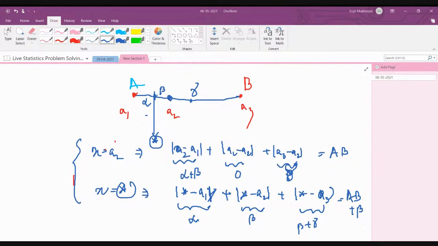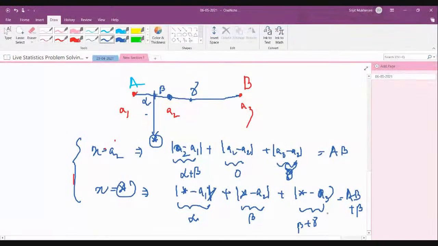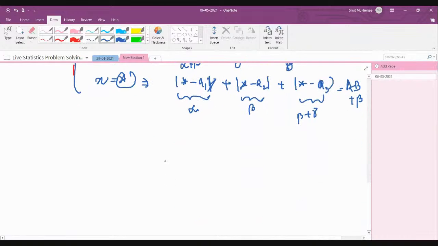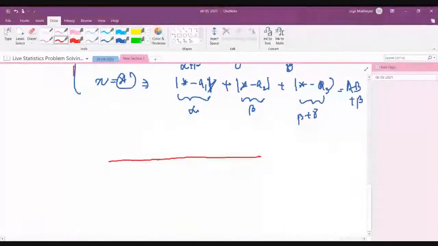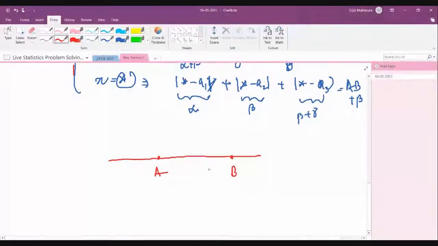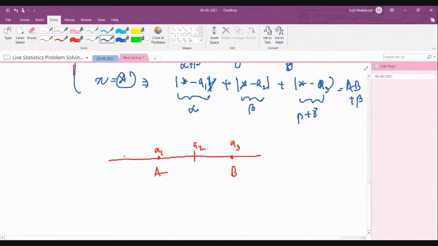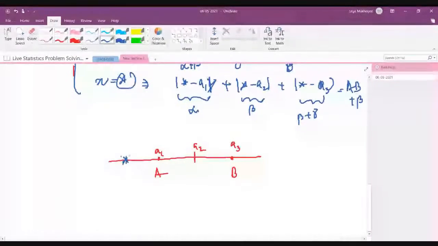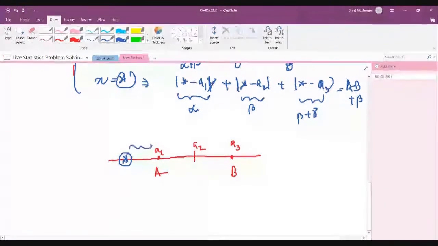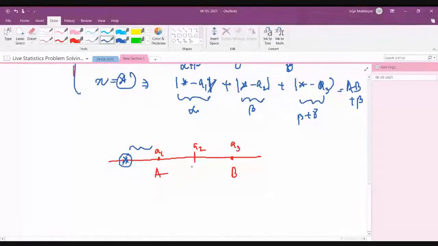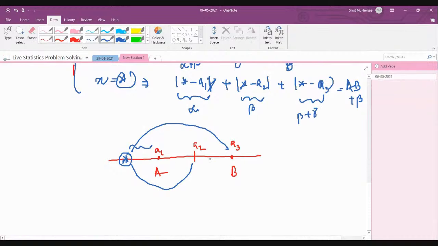Good. Lovely. Now, what we will understand is what happens outside this. This is AB over here, and let's say this is a1, a2, and a3. For a star outside, this length is there, and understand this length and this length. This length is entirely greater than AB.